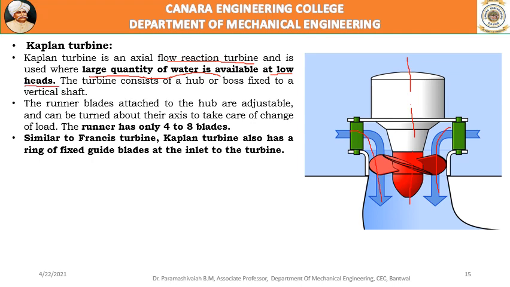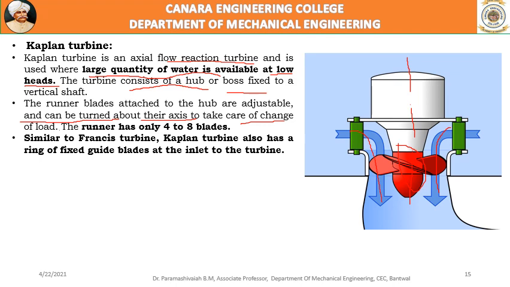The turbine consists of a hub or boss at the center. See the hub. The runner blades attached to the hub are adjustable and can be turned about their axis to take care of the change of load.